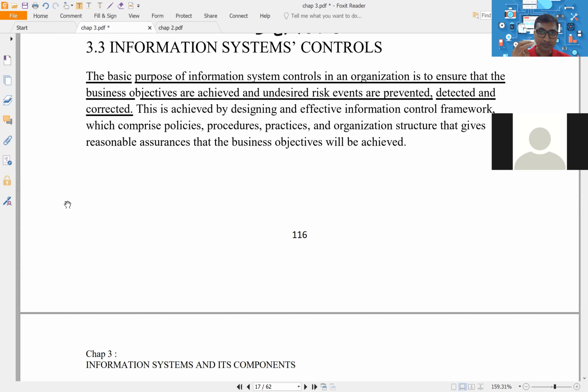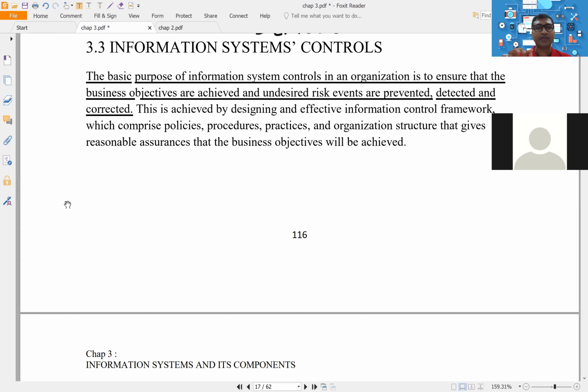Yes or no? So, but what is control? Does control mean security? No, control is a general word. Anything which helps organizations to achieve their objectives, anything, methods, procedures, policies, which will help management to achieve their objectives is known as controls.